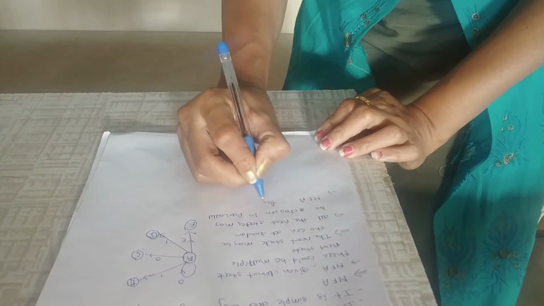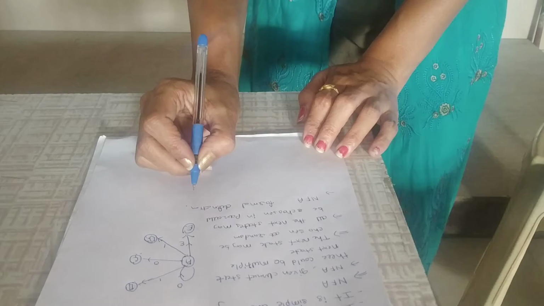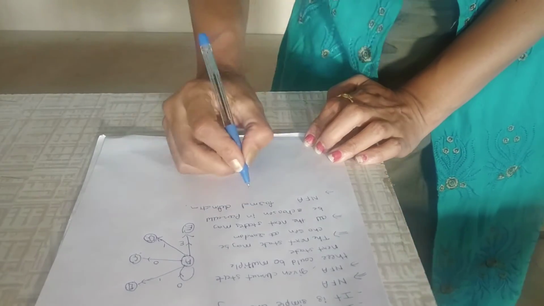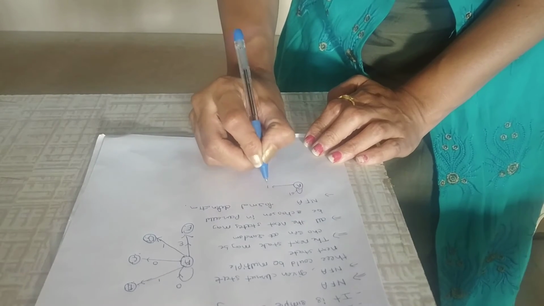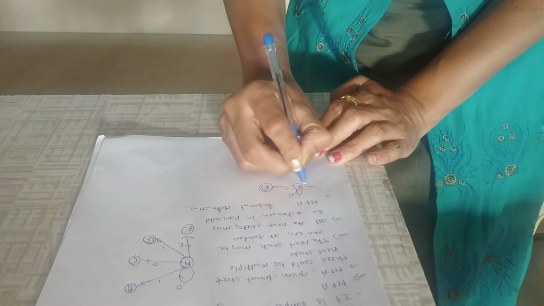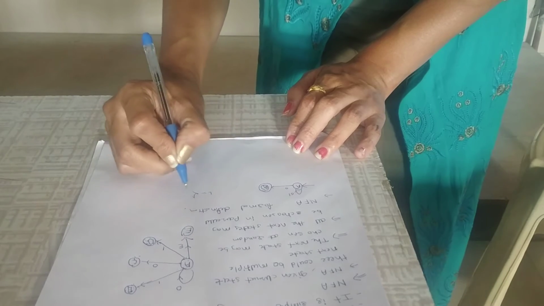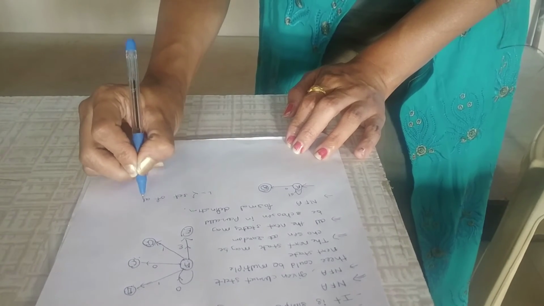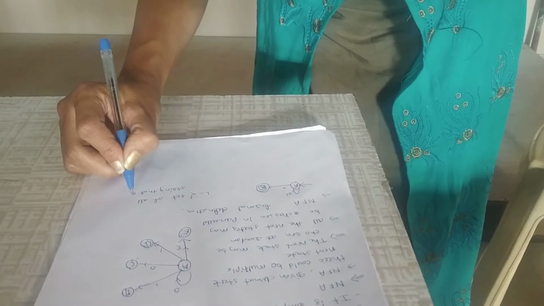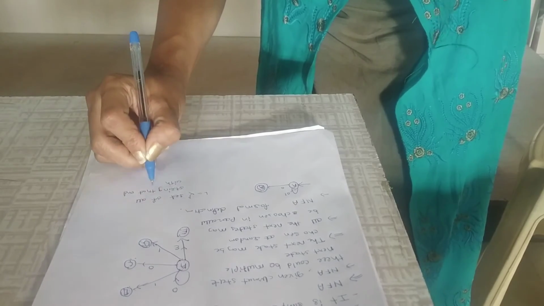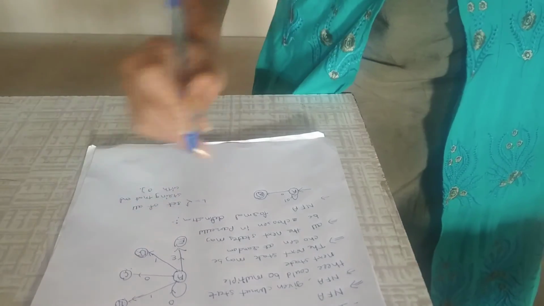NFA, formal definition. Let's see it with an example. So what is an NFA? Here is a simple diagram. This is the A state, this is the B state, and B is the final state. Let's see the formal definition.